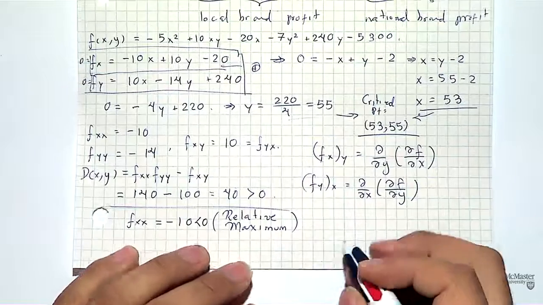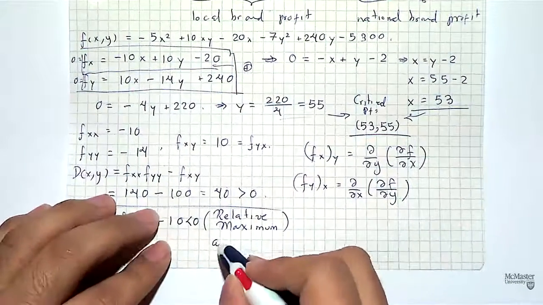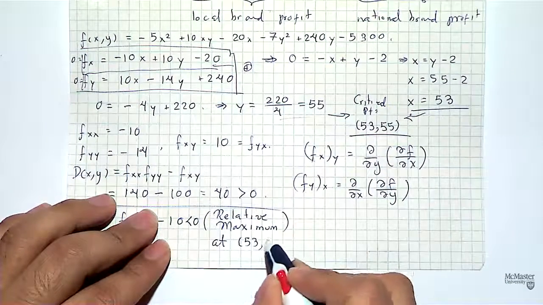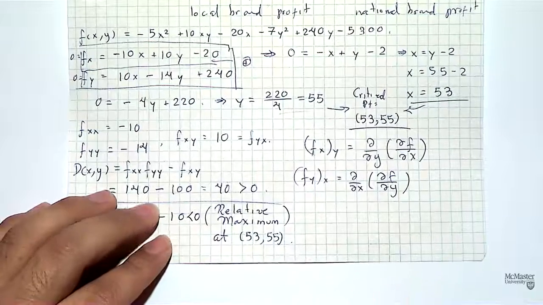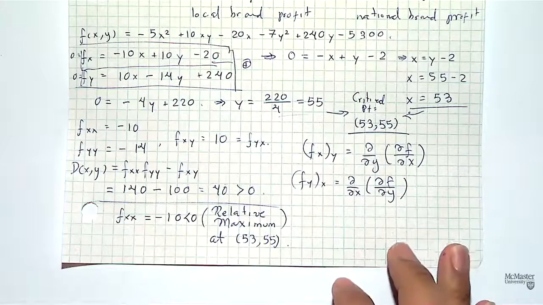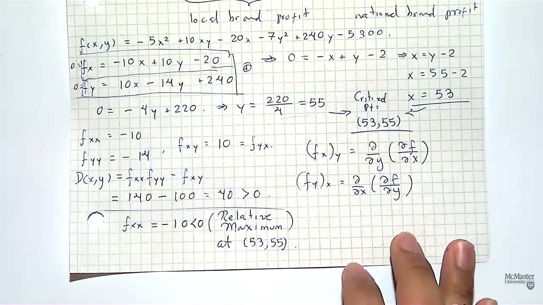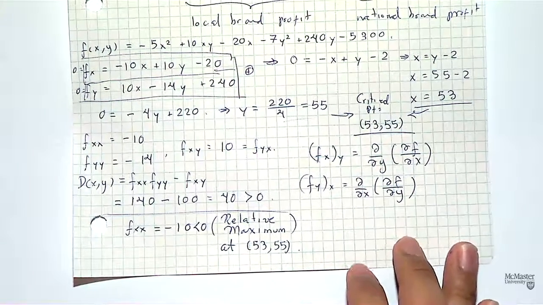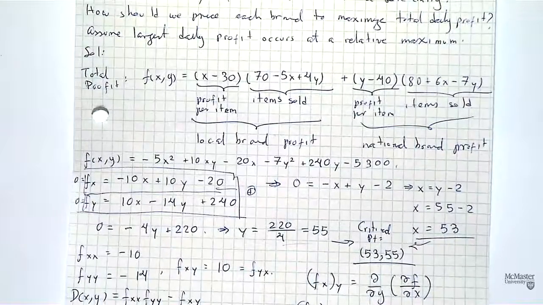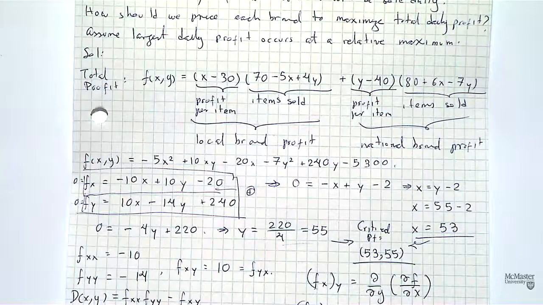That would happen at the point 53, 55. And, well, I mean, yeah, there are many things to say. It's actually an absolute maximum. Well, the function is extremely well behaved, so, I mean, can I explain it?